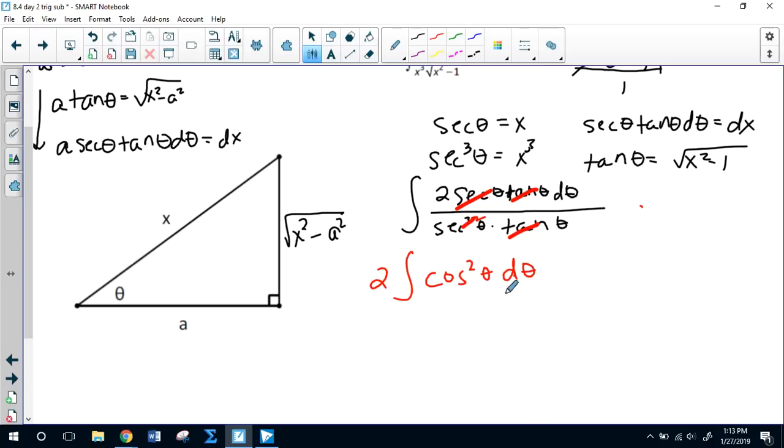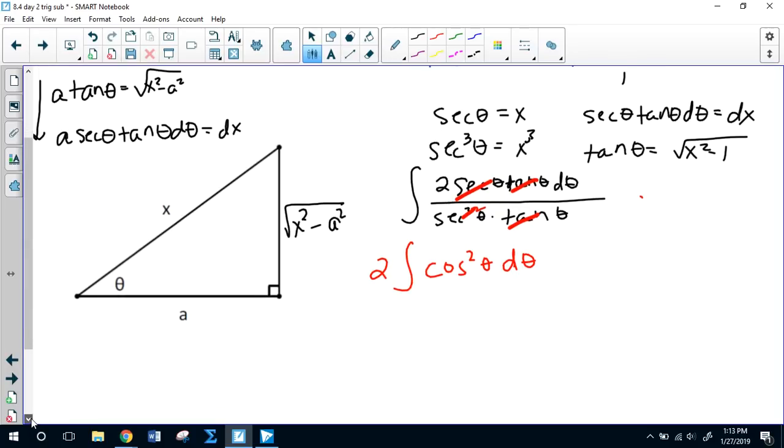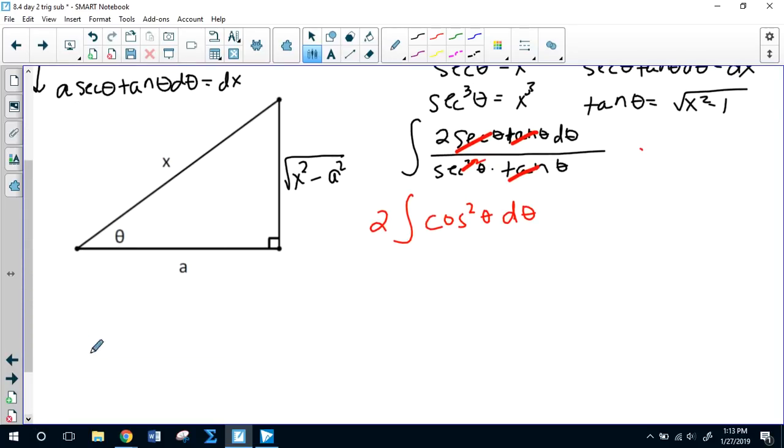Okay, so this situation here is another kind of problematic instance. I believe I have it on the front of your packet where there are a couple extra formulas you need to memorize. Sorry, just adding some more memorization on there. But the formula that you want to know here is that cosine squared theta is equal to 1 plus cosine 2 theta over 2.